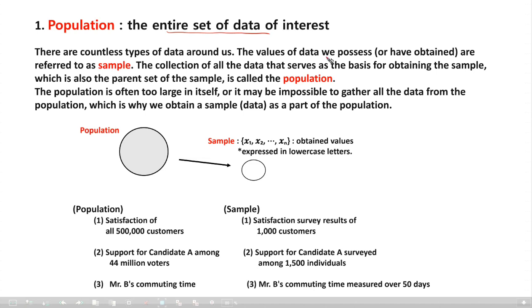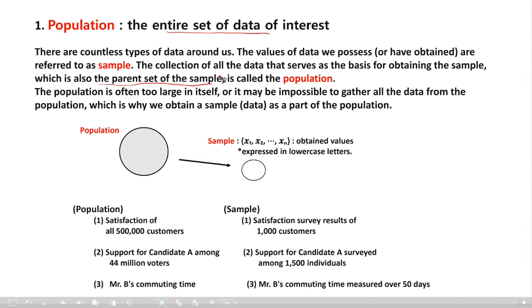The values we obtain, we possess, are referred to as a sample, real numbers. But behind the sample, there is a population, the collection of all the data that serves as a basis for obtaining the sample. In other words, the parent set of the sample, okay, is the population.